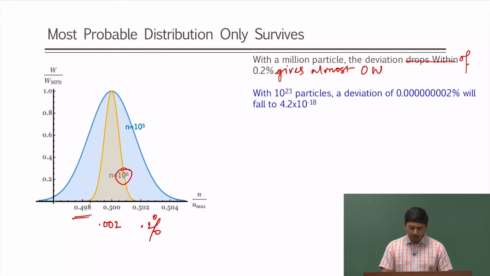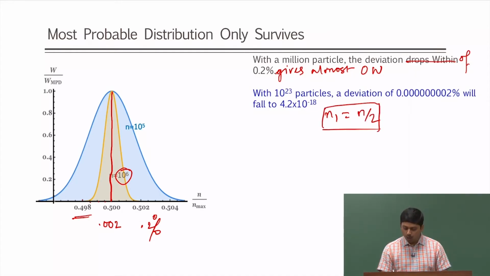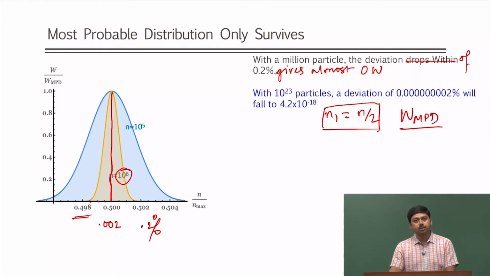So, the distribution will be just like a delta function. That means we do not have to consider any other values of n 1, we can only consider n 1 equal to n by 2. We do not need any other values, we only need MPD and we do not need any other distributions.